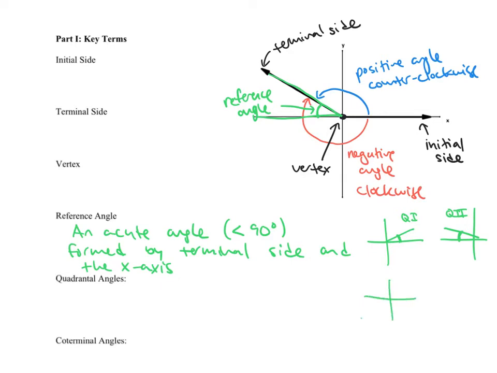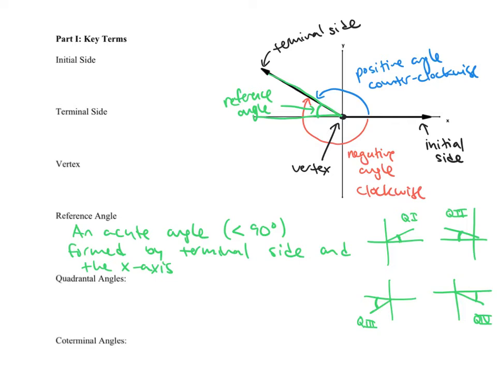In quadrant 3, the reference angle would look like that. And in quadrant 4, it would look like that. So it's always acute, and it's always the terminal side with the x-axis.